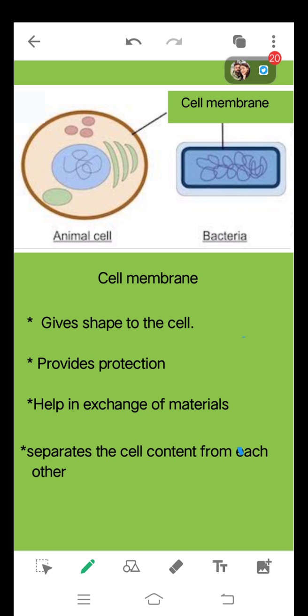It helps in exchange of materials as it is porous. It allows the materials to move in and out of the cell, thus helping the cell to exchange materials from its surroundings. Due to the presence of the cell membrane, the cells are separated from each other. So it is helping to separate the cell contents from each other.